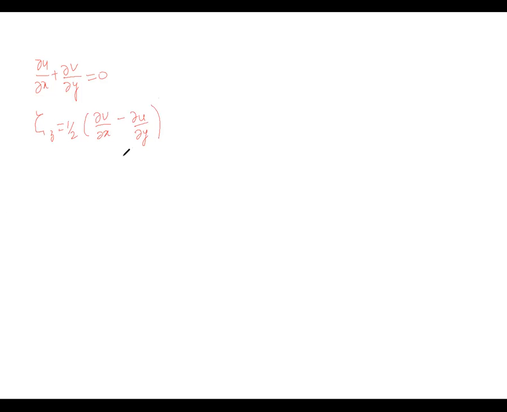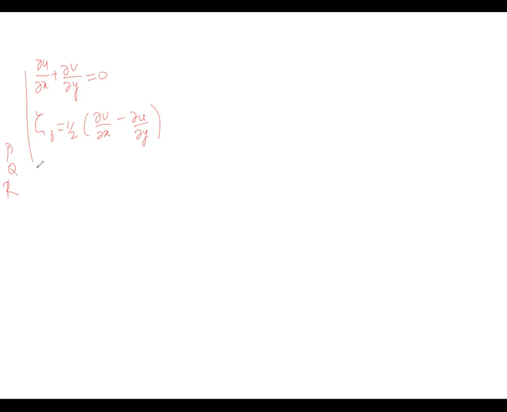If it has a nonzero value, it is rotational. Likewise, a nonzero divergence means it does not comply with the continuity equation. So you have to check these two conditions for P, Q, R, the three different types of fluids.